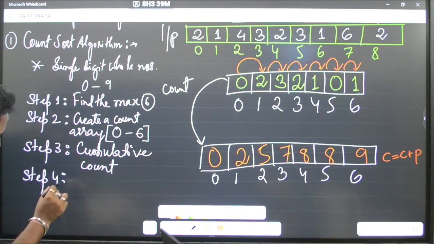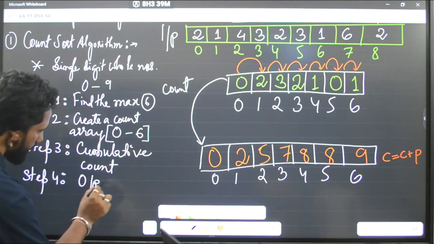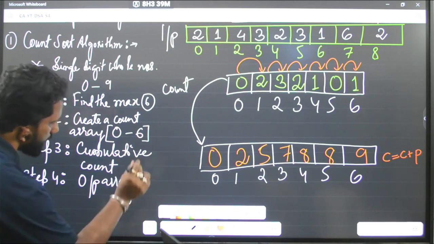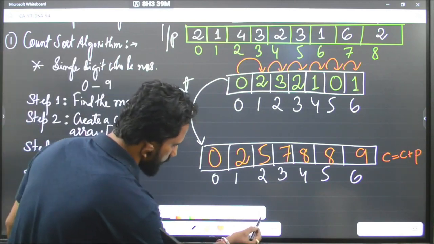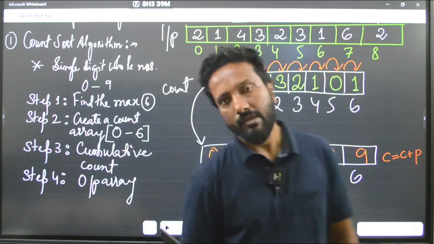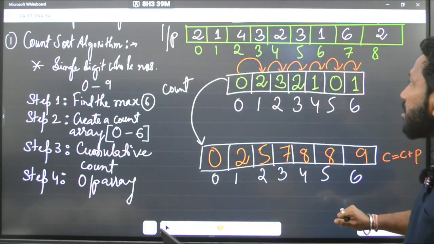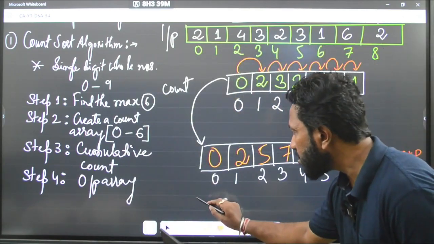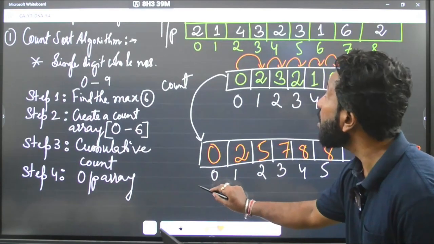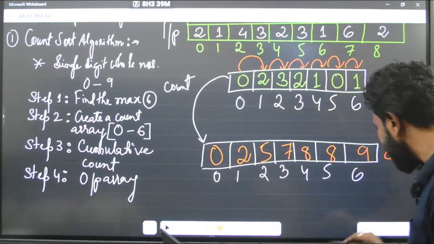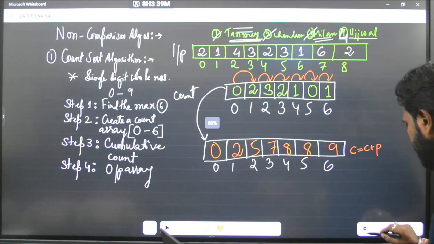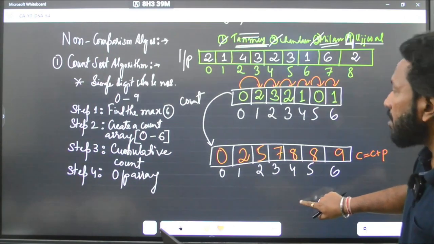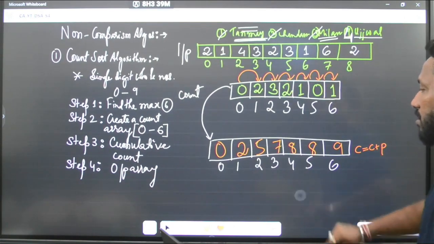Now, next step, the step number 4. Create the output array. Okay, let's create the output array now. I will write down here. Let me reduce the size a bit. Okay, fine.